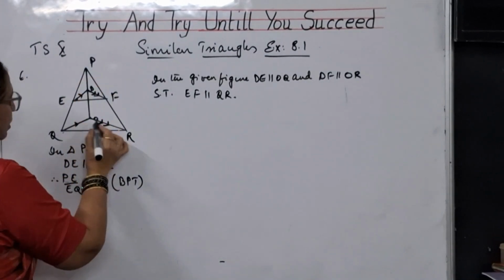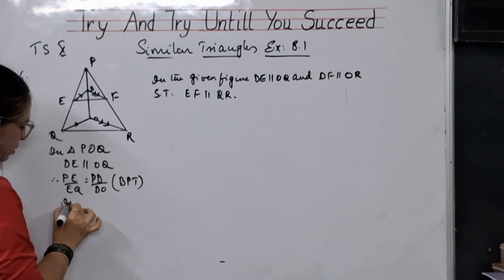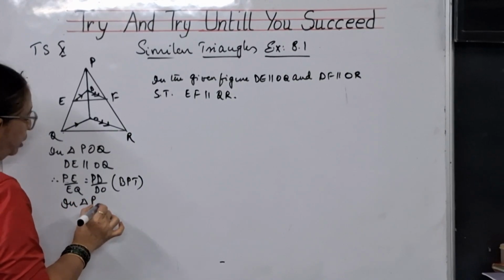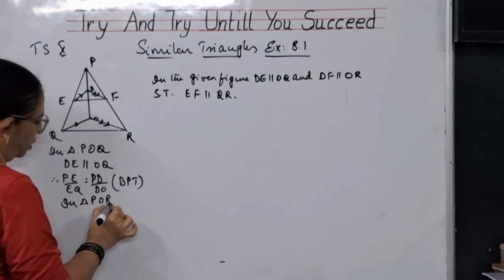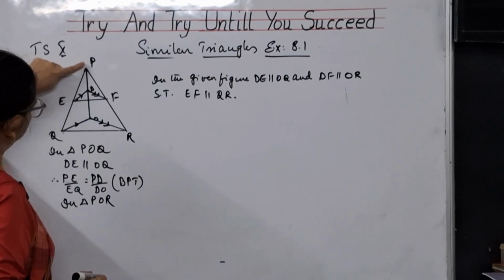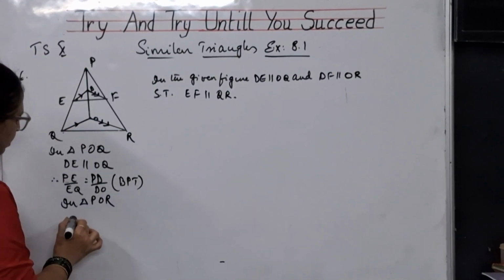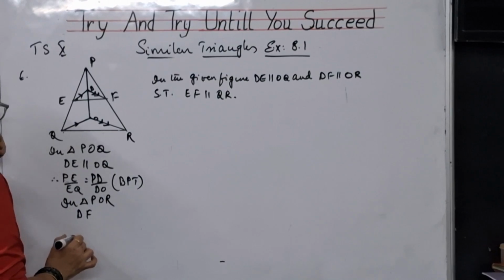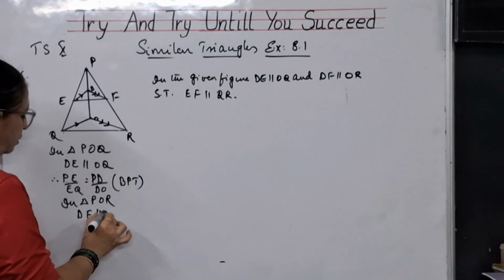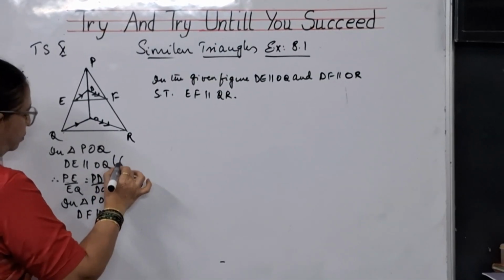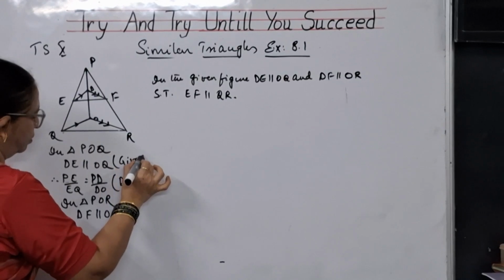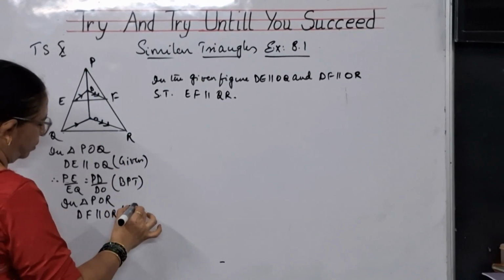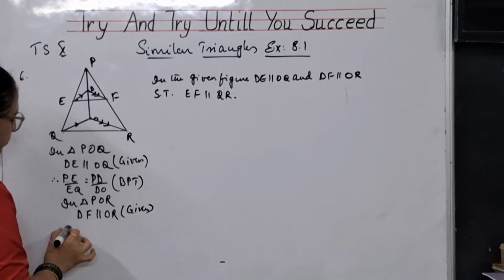Now, let me take triangle POR. In this, DF is parallel to OR. This is given to us.